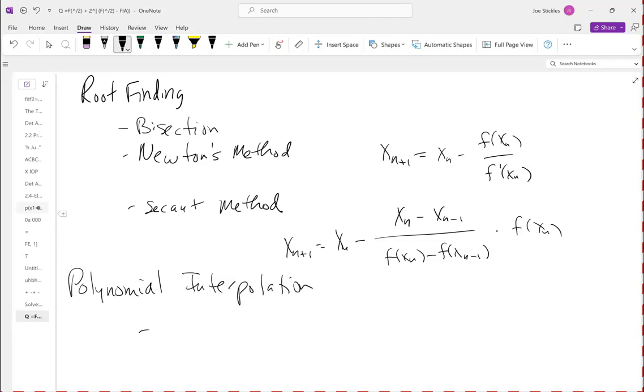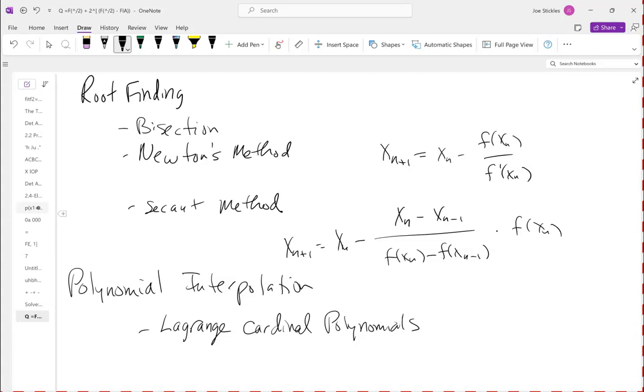Polynomial interpolation, we had a couple of methods for doing that, right? One was the Lagrange cardinal polynomials. Again, not looking for long-winded here. If you can do it for a quadratic, you can do it for any of them, right?